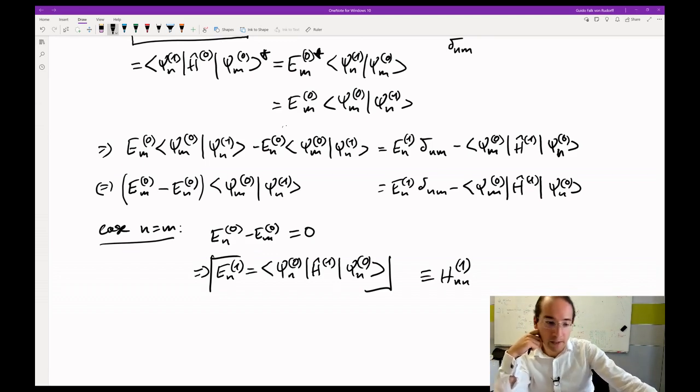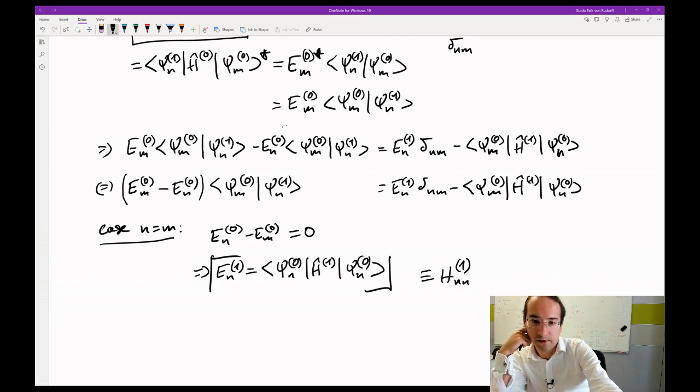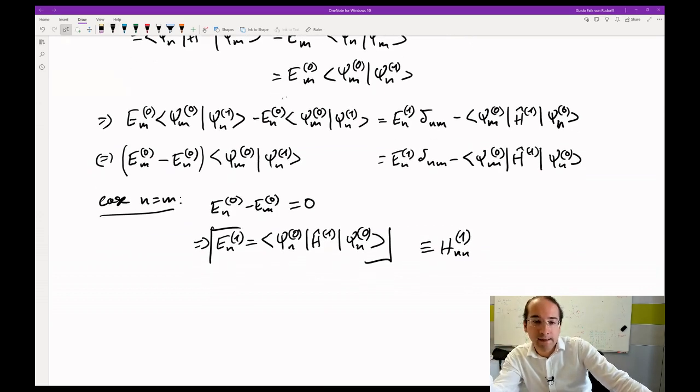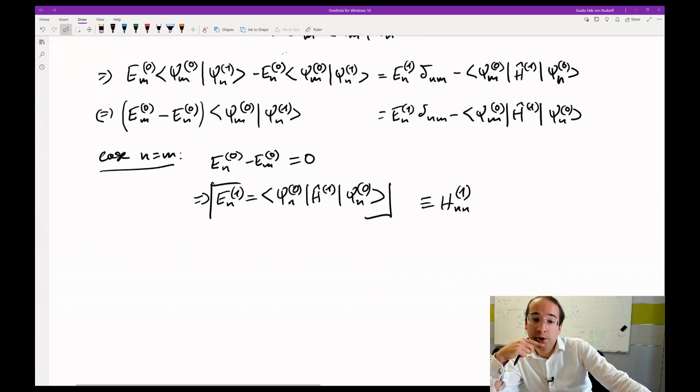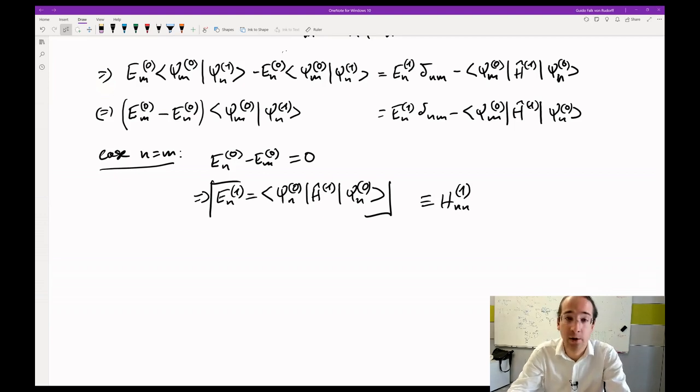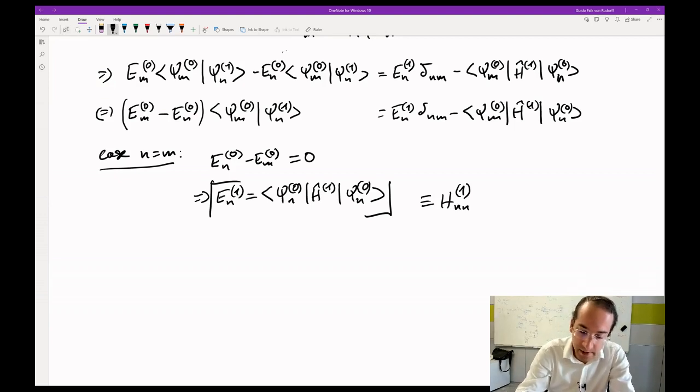Okay, now this was for the first order part, and it's quite an interesting result, because it means that you already get the energy derivative from this change in the corresponding Hamiltonian alone, and this result is quite central.